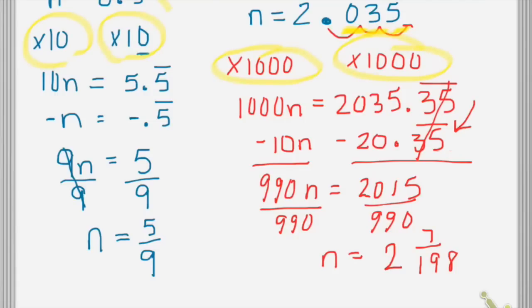Then you want to subtract off the repeating part. Sometimes that's just subtracting off the n, sometimes it's subtracting off something with a power, and then divide both sides by the coefficient of the n and reduce. We will go over this in class as well. Bring any questions to your math teacher, and we'll talk about this tomorrow.